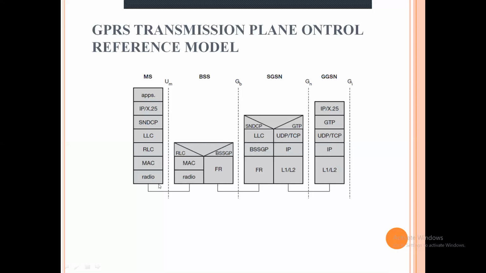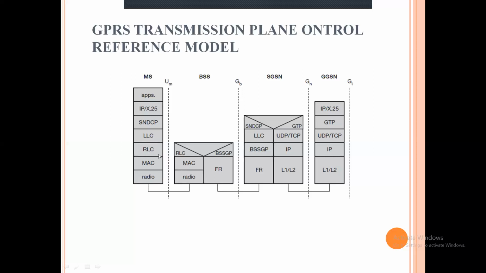Here, as I already told you in the GSM protocol stack, this is the radio, which means this is the protocol at the physical layer. Here, these three are the LLC sublayer, RLC sublayer, and MAC sublayer.